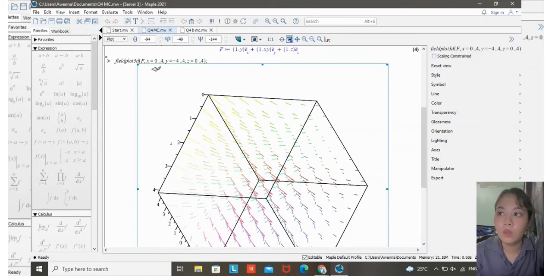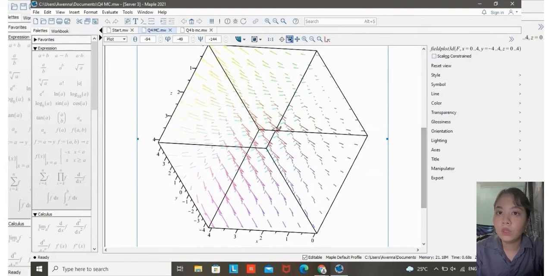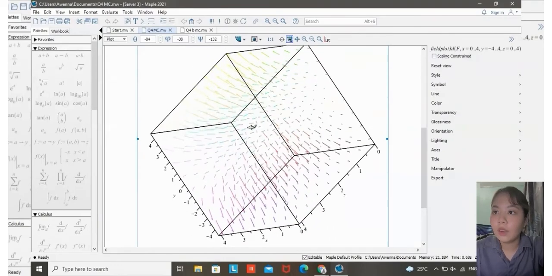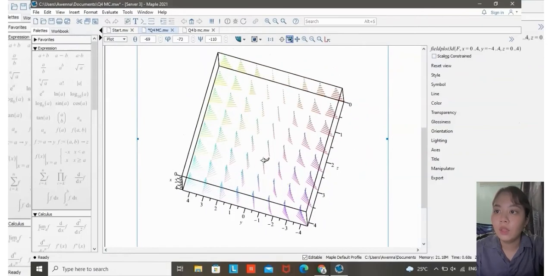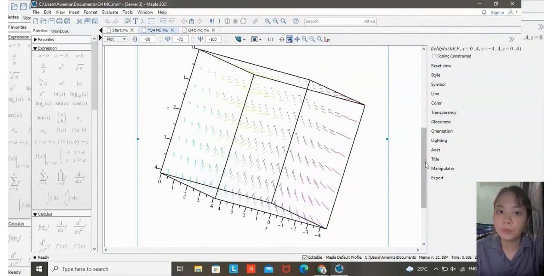I have used 0 until 4 for x, negative 4 until 4 for y, and 0 until 4 for z. The 3D drawing that was produced shows the direction of the flux. As you can see here, I can use the mouse and rotate around the 3D drawing.